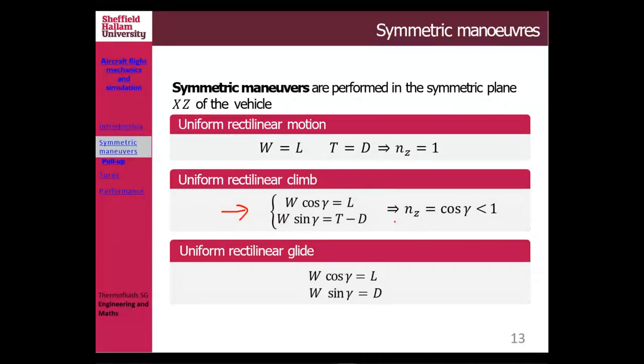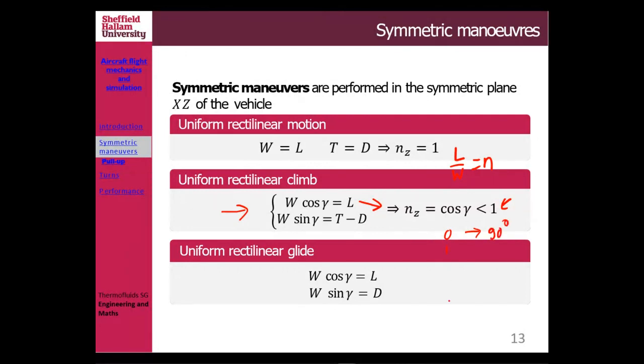Of course, now you can see that if you look at the first equation there, if we define lift over weight as n, then n will equal cos gamma. That is always less than 1, as you can see, because the flight path angle varies from 0 to say 90 degrees, right?